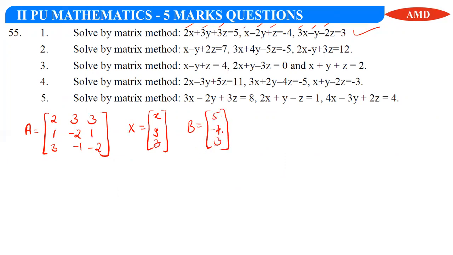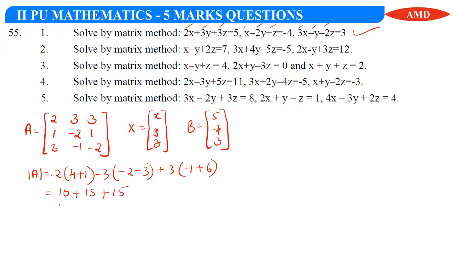Now, this system of equations has a solution if the determinant of A is not equal to 0. Therefore, first let us find the determinant of A. The determinant of A is nothing but 2 into (4 plus 1), minus 3 into (minus 2 minus 3), plus 3 into (minus 1 plus 6), which will be equal to 2 into 5, which is 10, plus 3 into 5 is 15, plus 3 into 5 is again 15.